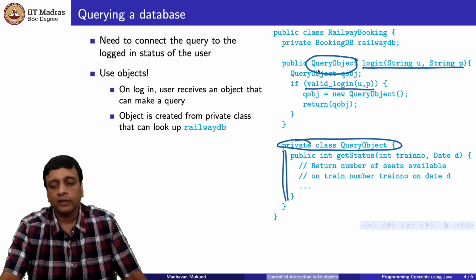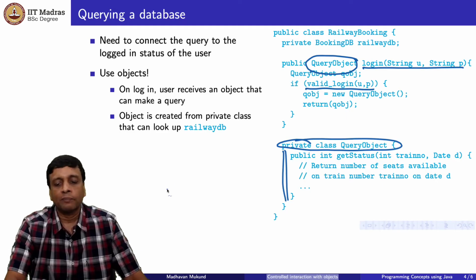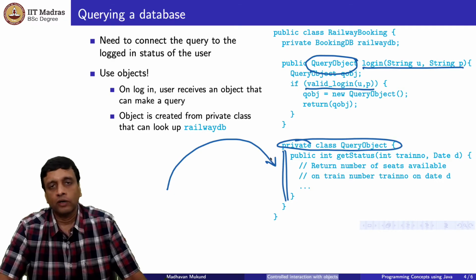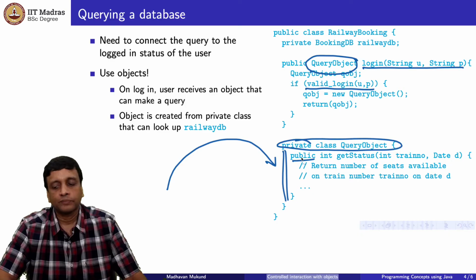But once you return a query object, the user from outside has access to this object which was created inside. It was a privately created object which was passed out, a reference to it was given out, and now because this function is public, you can ask for the status from outside. So this is the general principle that we are going to use.